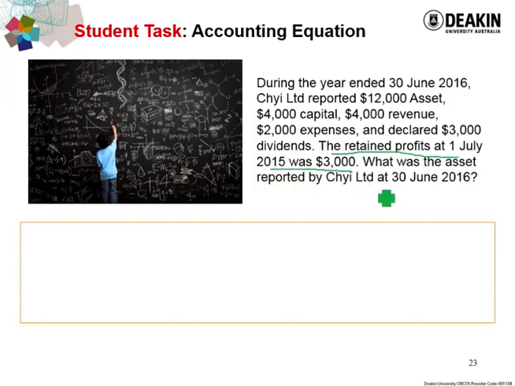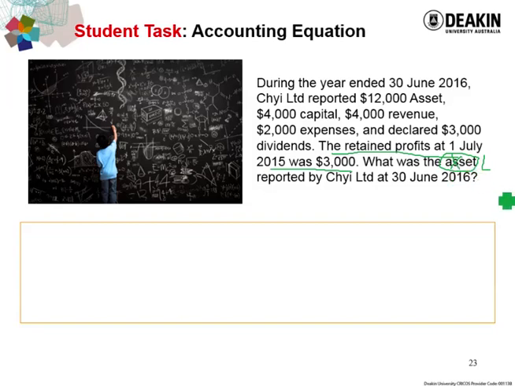Guys, please change the question here a little bit. Sorry, there is a typo. What was the liability reported by Chi Limited at 30th June 2016? Because in this question, we have already given you the asset, so we are asking you about liability. You need to derive the liability. So please change asset to liability.